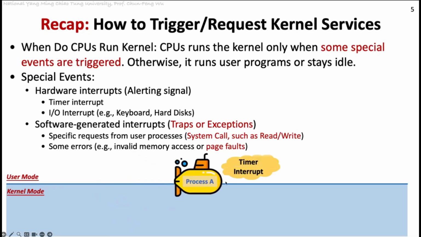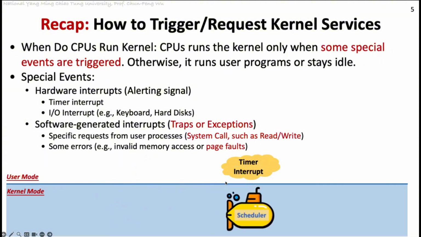Then if process A uses up its time slot, for example it runs too long, the CPU triggers the timer interrupt. After the timer interrupt, the CPU switches to kernel mode and executes the CPU scheduler. The CPU scheduler is another kernel service, so the CPU should be in kernel mode to execute it. After running the scheduler, usually we switch out the prior process and run another process.